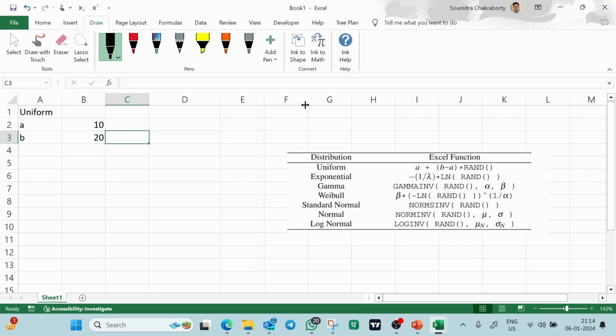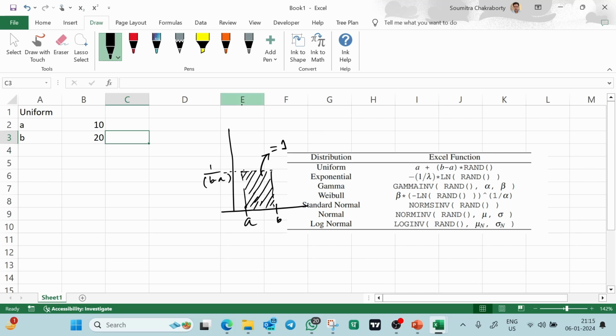So for example, this is a uniform distribution, right? So uniform distribution looks like this. So this is your a, this is your b. It becomes a rectangle here. If you can recall your study notes of uniform distribution, this is the entire area under the curve, which is equal to how much? This is equal to 1.